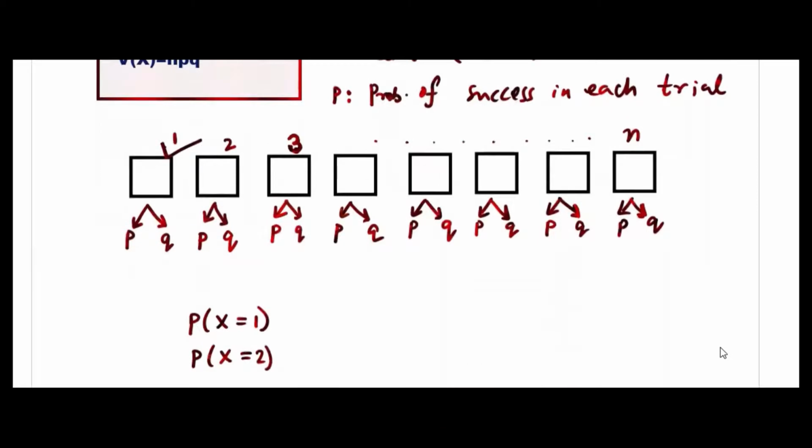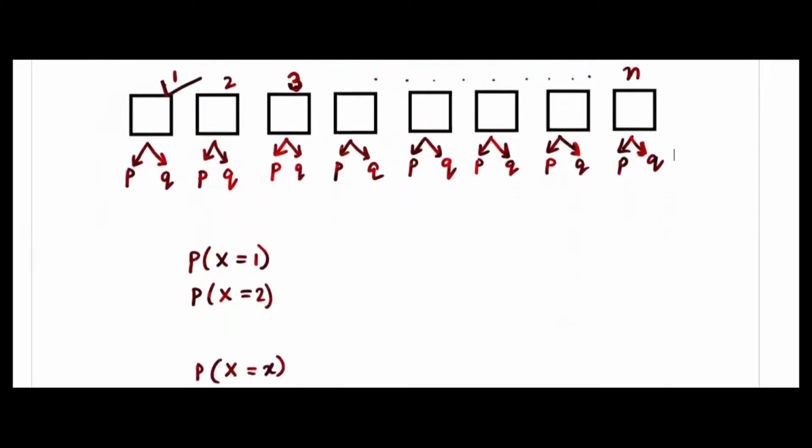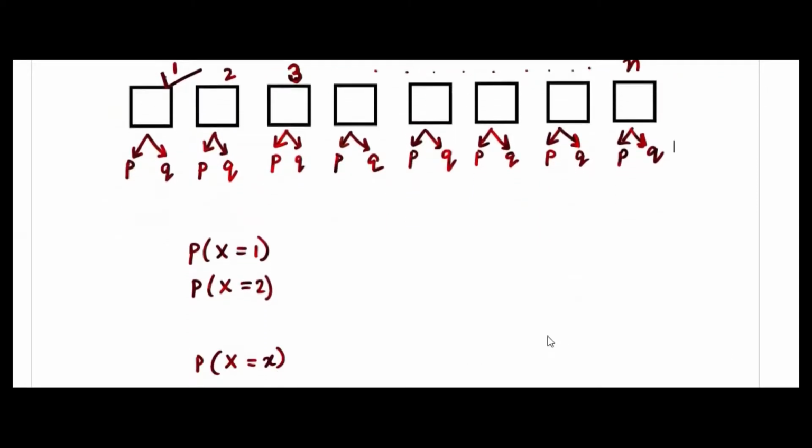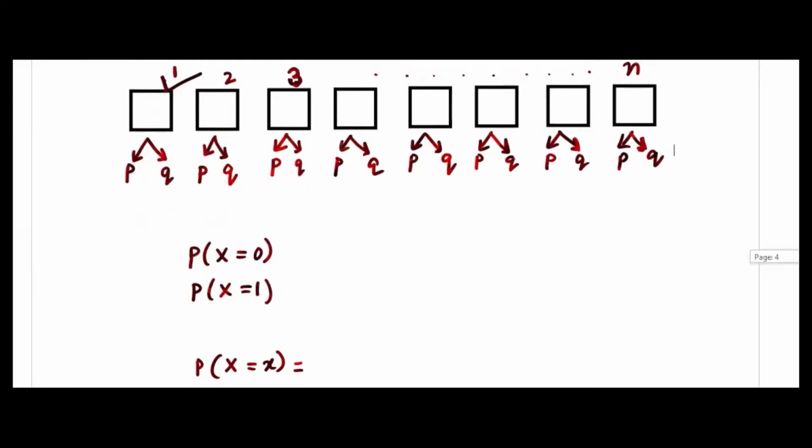We have n trials. Out of n you want 1, 2, x. I can add 0 also, probability X equals 0. Why start from 1? Why not from 0? No success, that is also one case. No success, 1 success, x successes, then n.